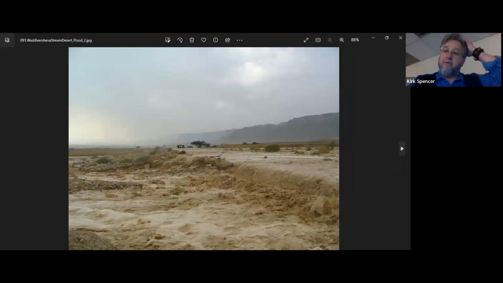These are some photographs taken of a flash flood in the Dead Sea area. It's coming out of the Wadi Qumran. I spent a lot of time working at Qumran, and I remember when we were there, there were people rappelling on ropes over the edge of this wadi.